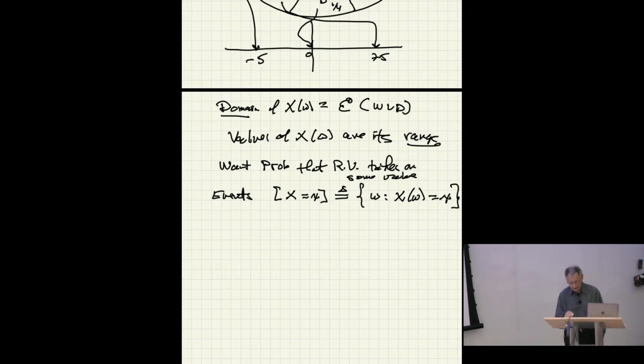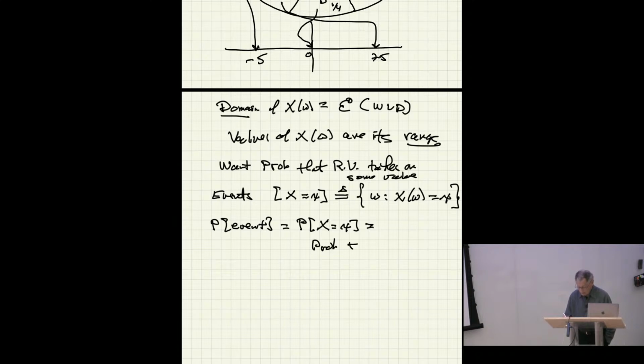That's what I mean by the bracket x equals little x. And the probability of an event is the probability that the random variable x equals little x. That's a notation. It's the probability that x of omega equals little x.